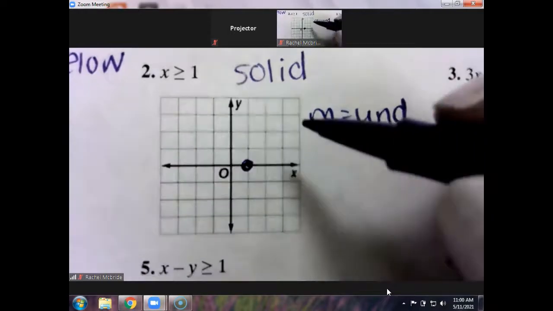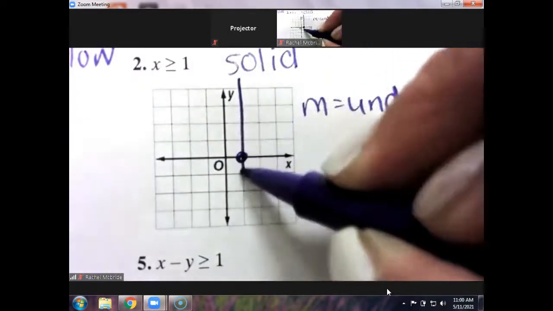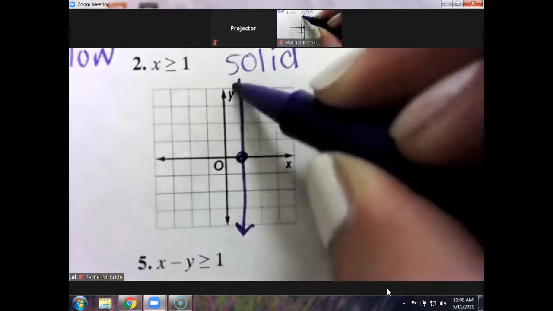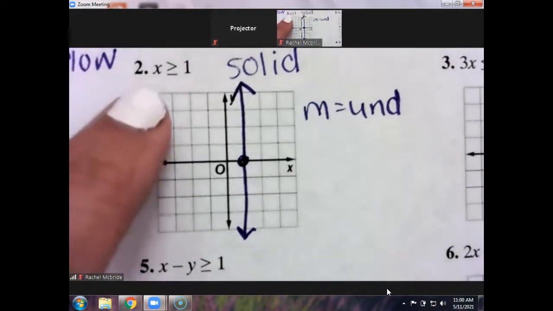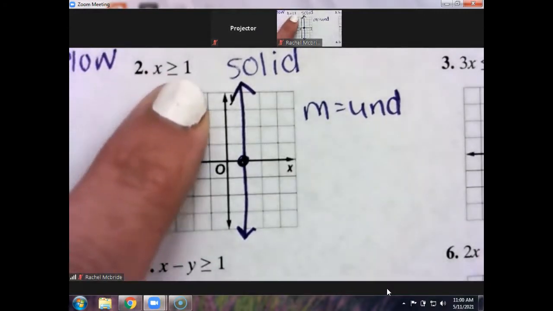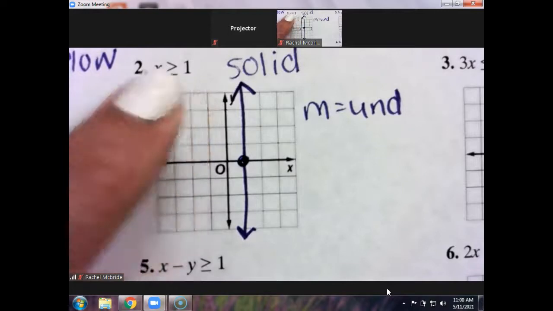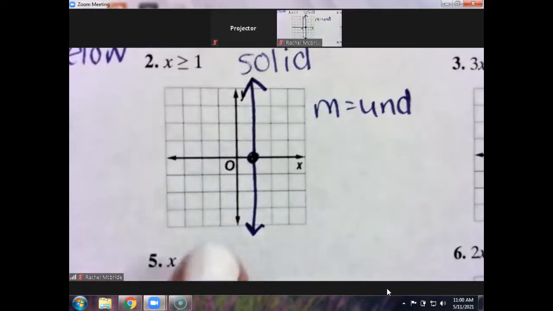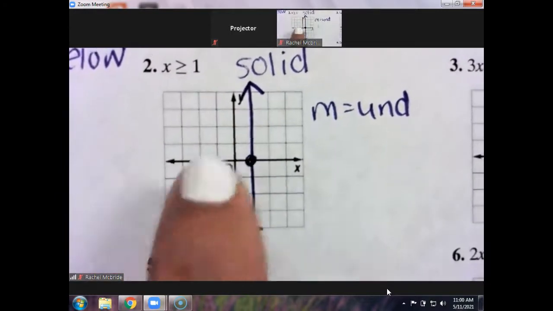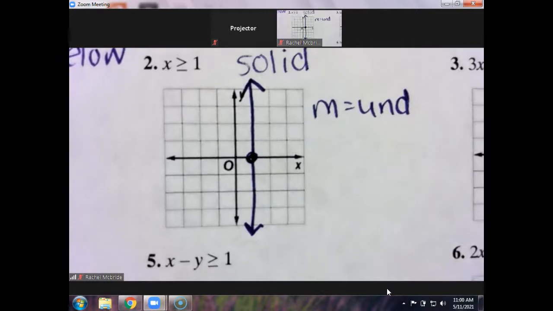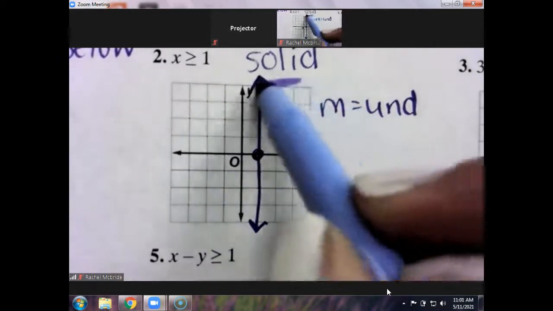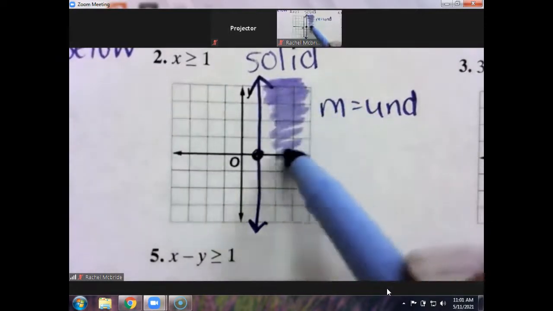Up and down. The shading now is a little tricky. It says x is greater than or equal to 1. Are the x values bigger than 1 to the left or to the right? Zoe? To the right. So in terms of the x's, the above is to the right.